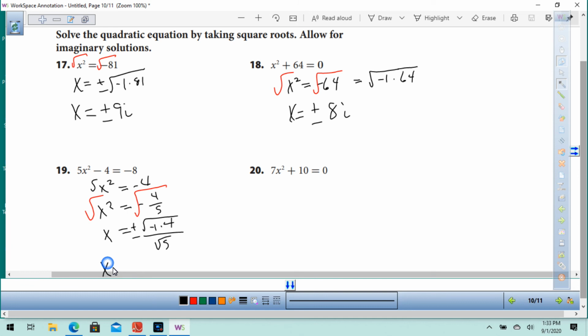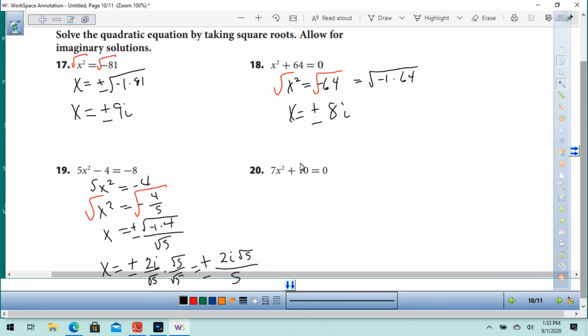So x equals plus or minus 2i over the square root of 5 times the square root of 5 over the square root of 5. Remember, we can't have that square root in the denominator, so that gives us plus or minus 2i times the square root of 5 divided by the square root of 5 times the square root of 5, which is the square root of 25, which is 5.